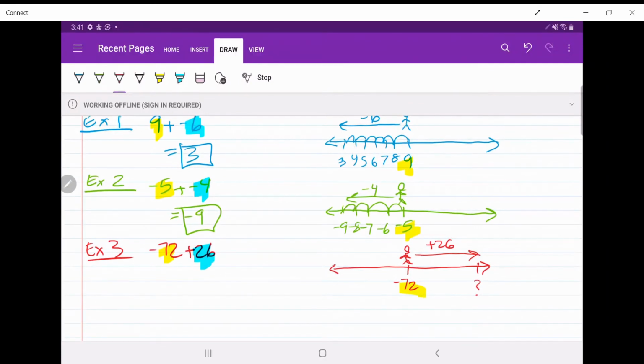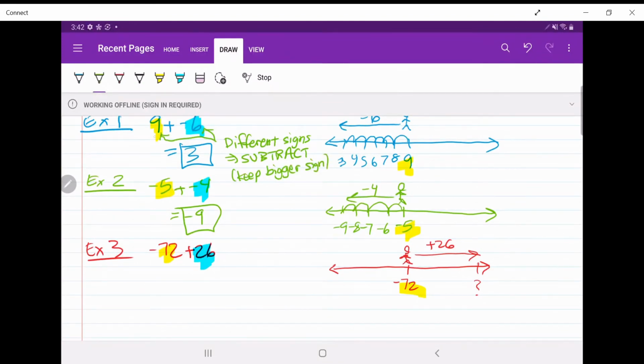We can figure that out by recognizing some patterns when we're adding positive or negative numbers. If two numbers are different, so different signs, so this 9 is a positive sign, this 6 is a negative sign. If we have different signs, we need to subtract and keep the bigger number, keep the bigger sign.